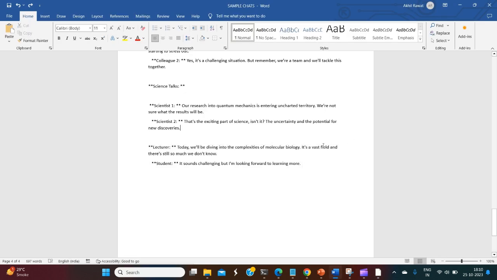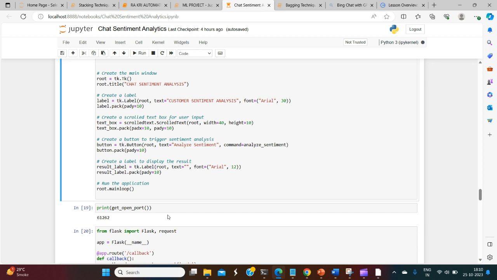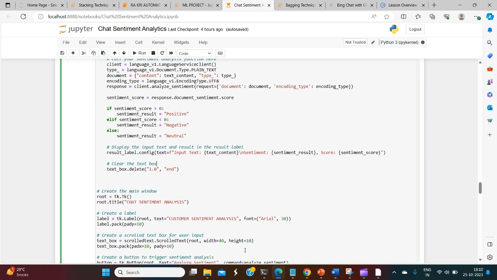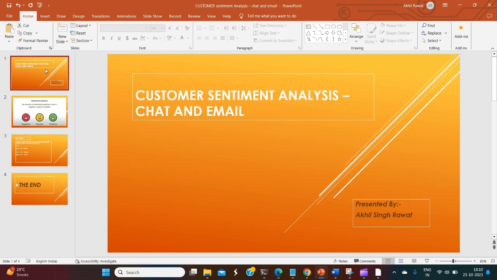And this is a very interesting thing. We can use it in our code as well, and we can do this chat sentiment analysis, I mean, customer sentiment analysis for email and chat, and we can get some interesting results we can analyze. I think if somebody wants to do it for their product, it will be a good analysis.